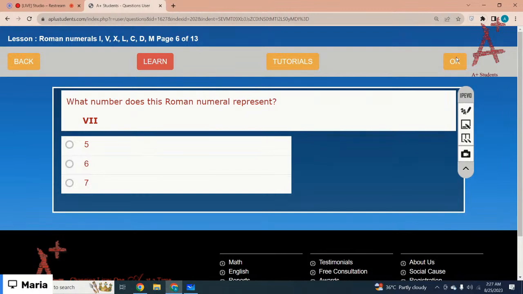I is 1. And on the right hand side, that means you have to add 1. So 5, 6, and 7. That represents 7.